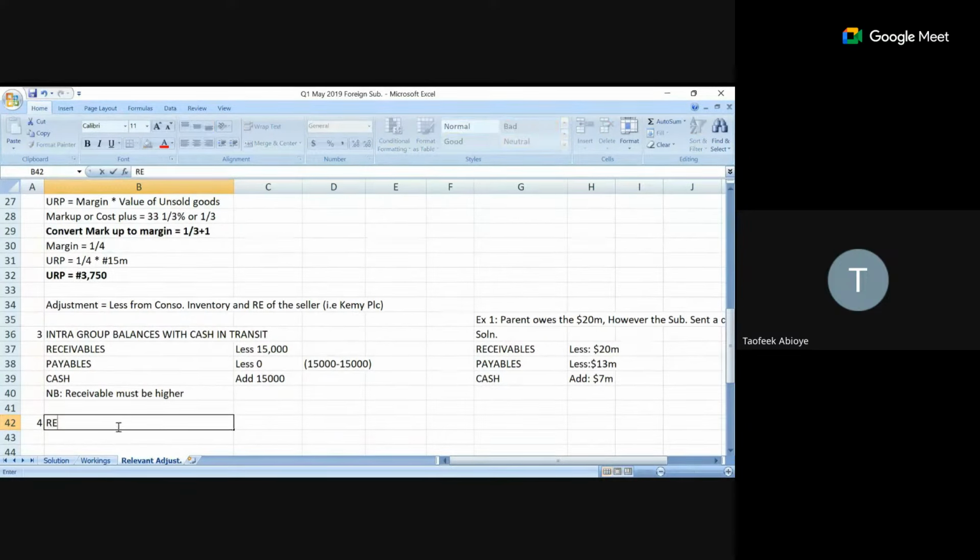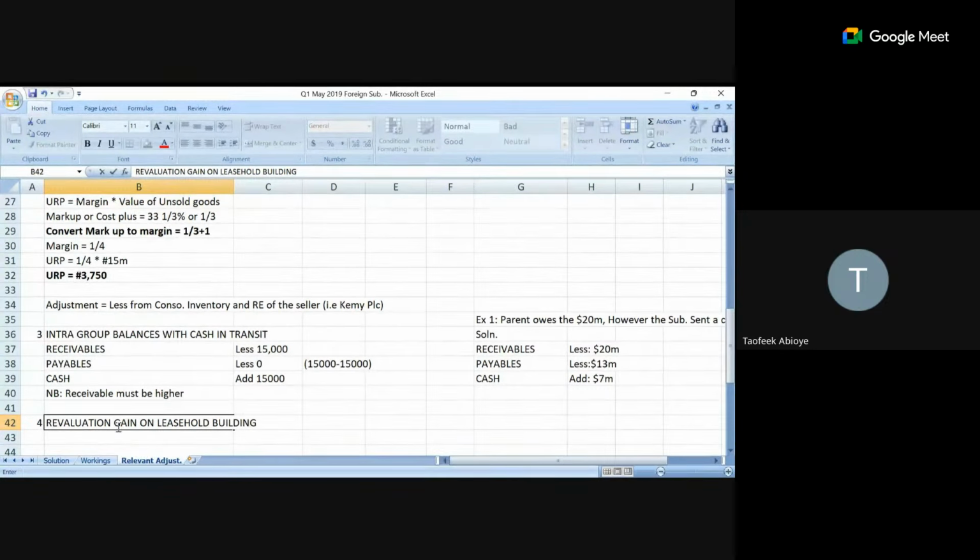So how much is the revaluation? Revaluation gain on lease old building.